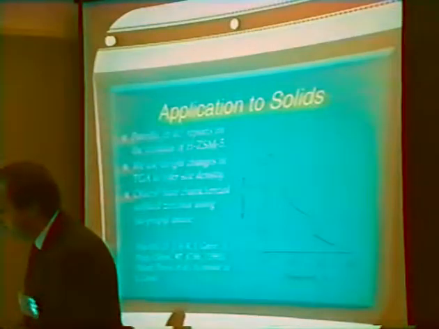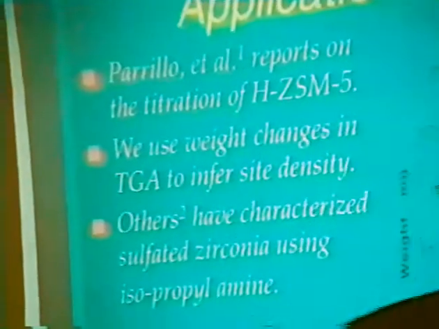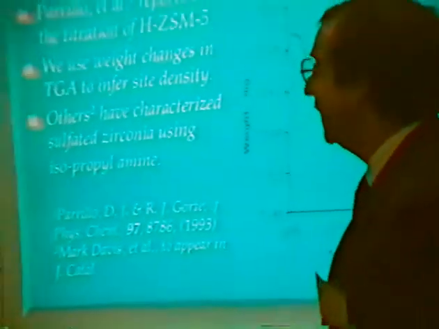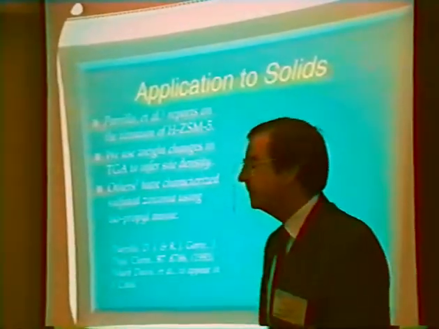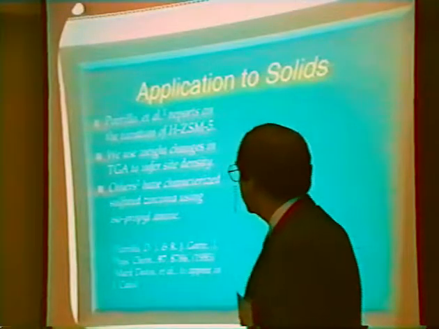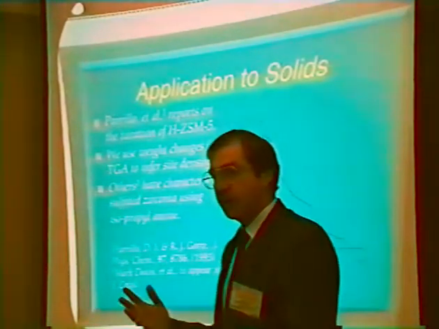The application that I'll cite is one from Ray Gorte's lab, in which they were titrating H-ZSM-5 with isopropyl amine. And the experiment is to first condition the solid by heating in inert, adsorb the amine, and then note the weight change.